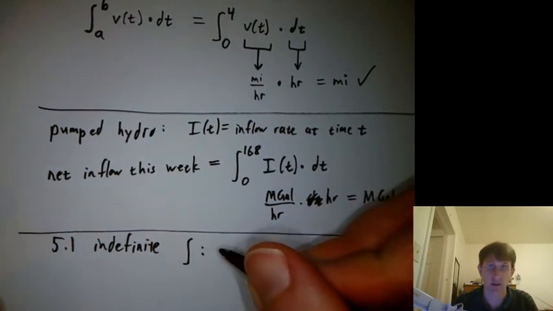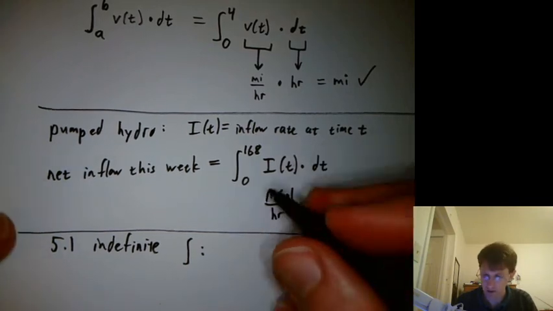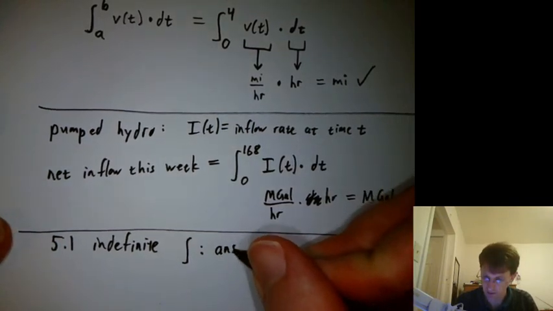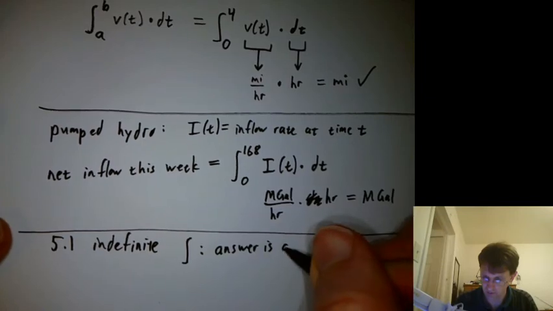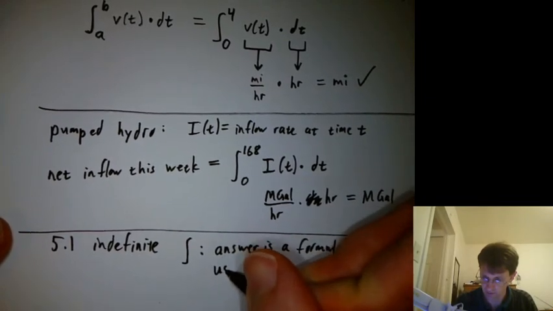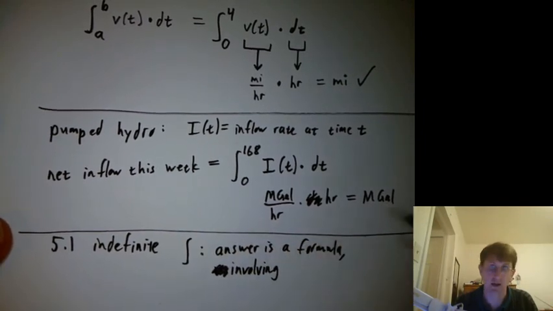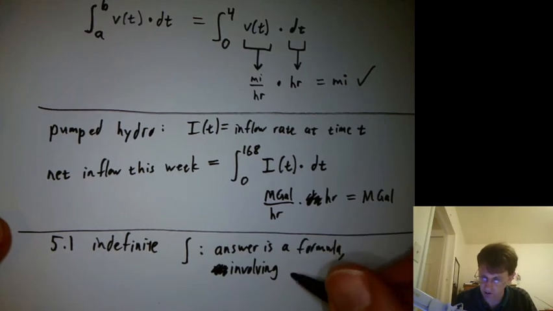So for an indefinite integral, the answer is a formula involving usually x or t. Of course, it could be any other variable you want, but usually we use x or t.